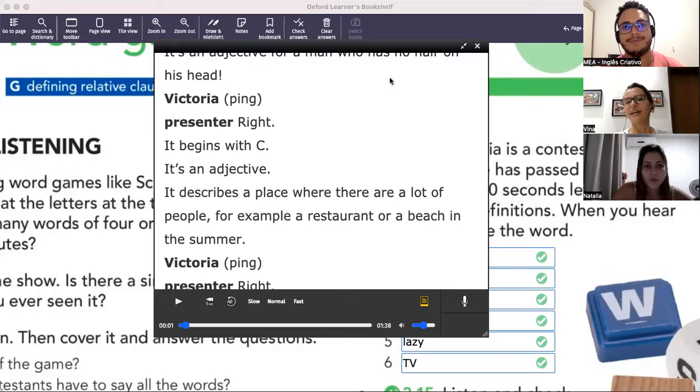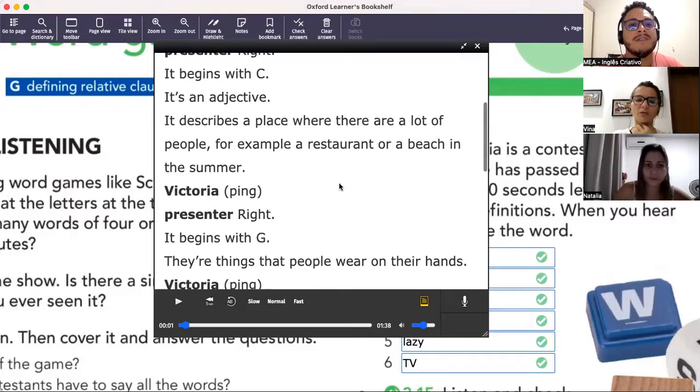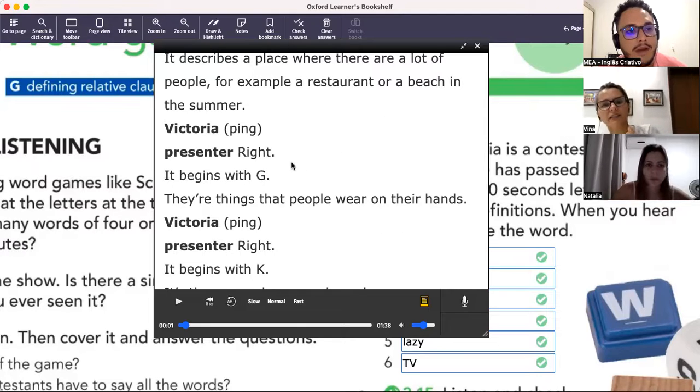Example. Okay, perfect. For example, a restaurant or a beach in the sun, in the summer. Crowded. Okay, go Vina.